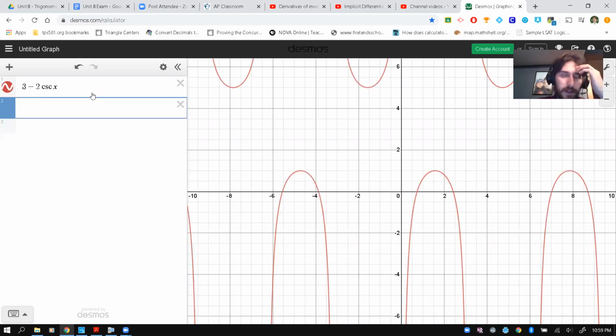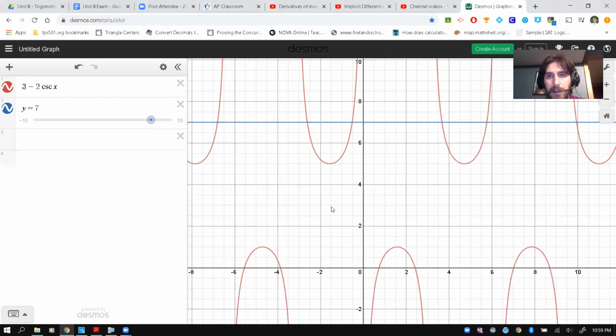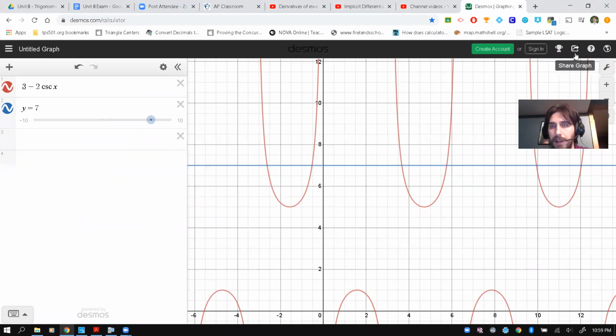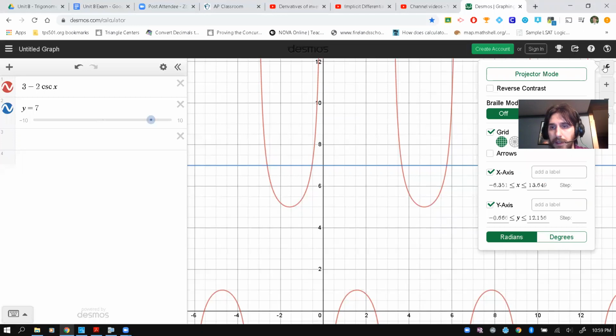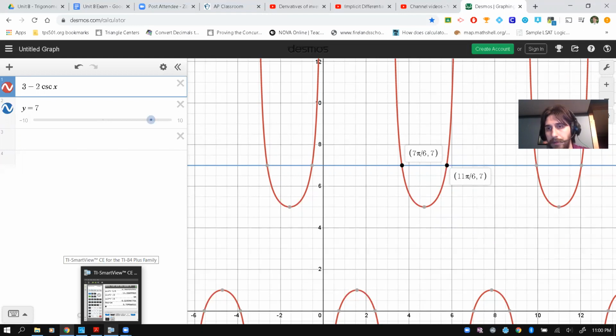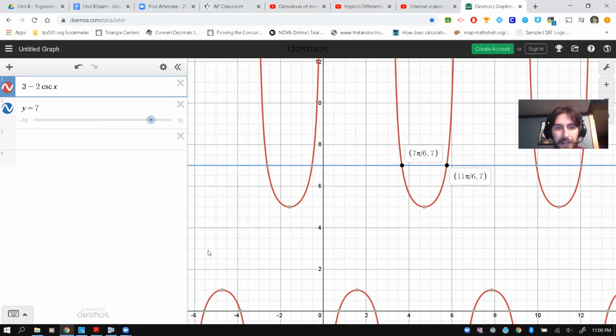And the left side of your equation is 1, and then the right side of your equation as another. And then make sure, I have to move my face here, make sure in the settings that you're in radians or degrees as appropriate to the problem. But then you can click on these intersection points and double check that 7 pi over 6 and 11 pi over 6 are really the answers that you got.